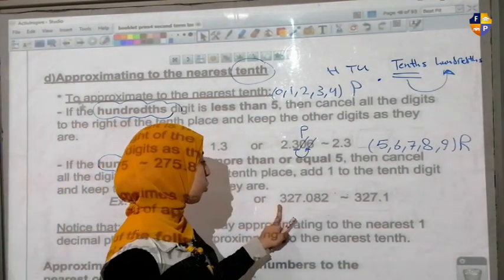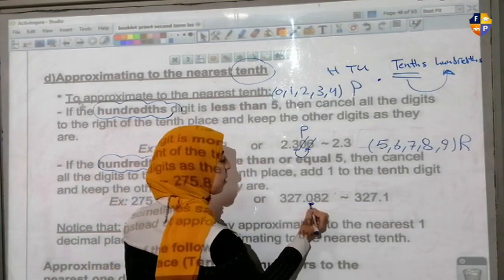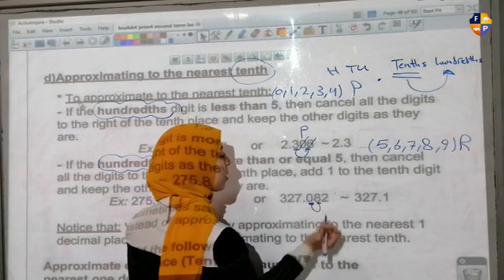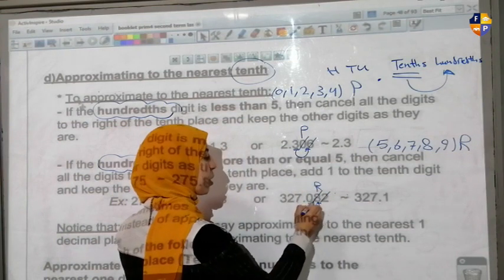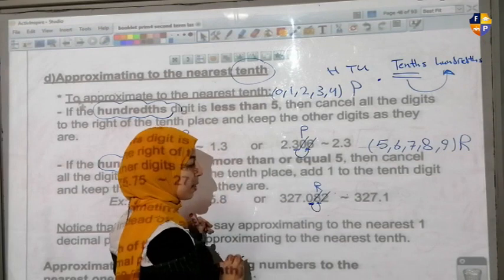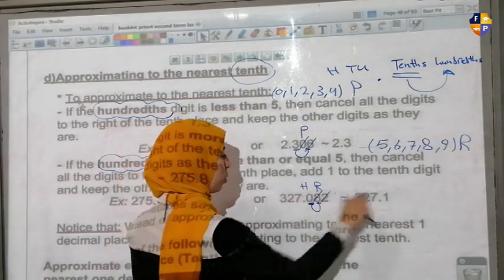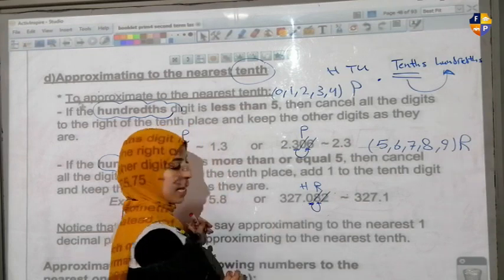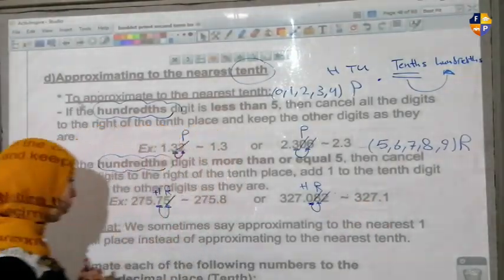And 327.082. Underline the digit in tenths. Look at the digit in hundredths. 8 is rich. Cancel all the digits to the right of tenths. Add 1 to tenths. 0 plus 1 equals 1 and keep the other digits as they are, 327.1.